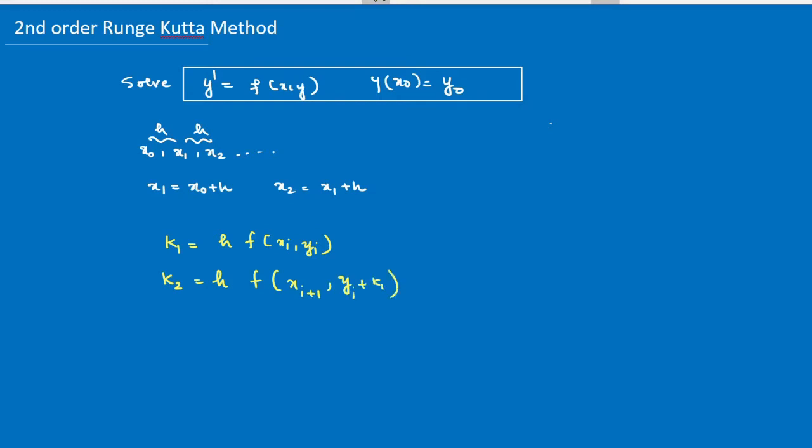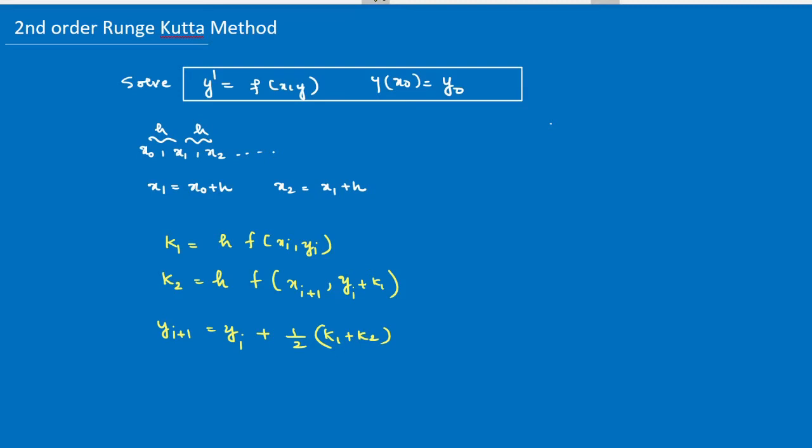Here, instead of xi plus 1, we can also write xi plus h. The k1 already found is to be substituted here. Then your solution yi plus 1 will be equal to yi plus 1 by 2 into k1 plus k2. These are the three equations for the second order Runge Kutta method.